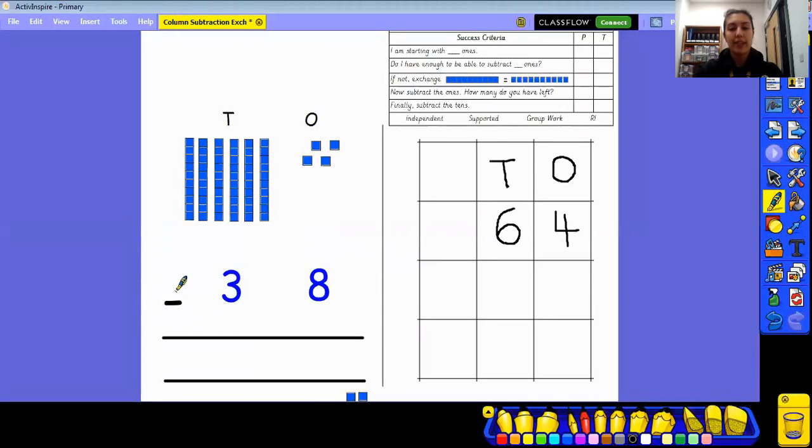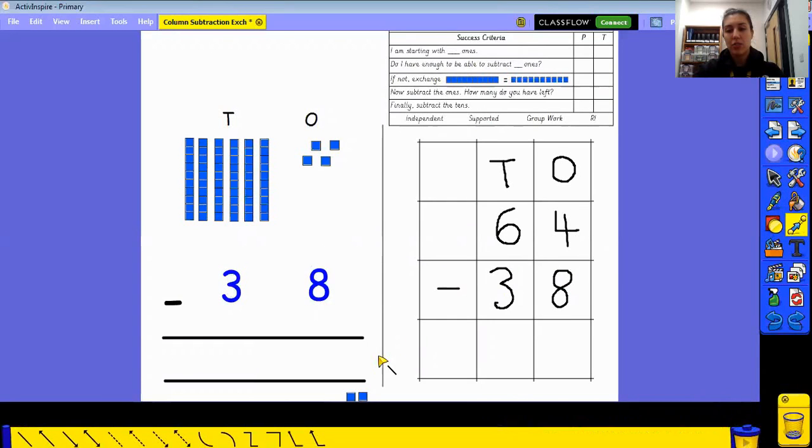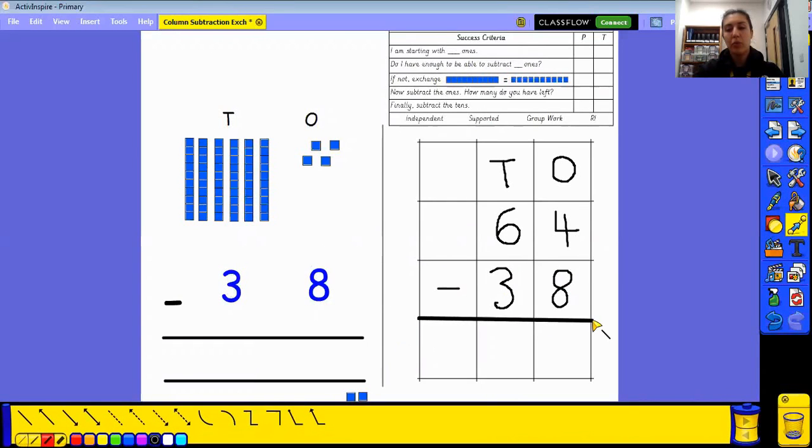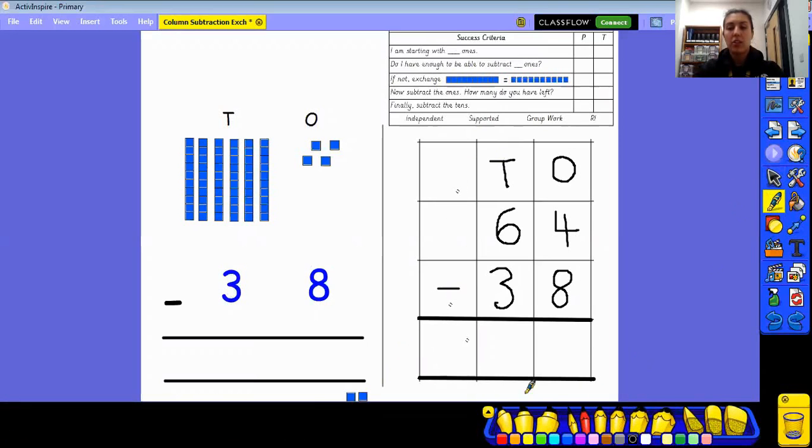And I am subtracting, so don't forget to write the subtraction symbol. 3 10s and 8 ones, that's 38. And then you're going to need to draw your giant equal sign with a ruler, please, to write your answer inside.